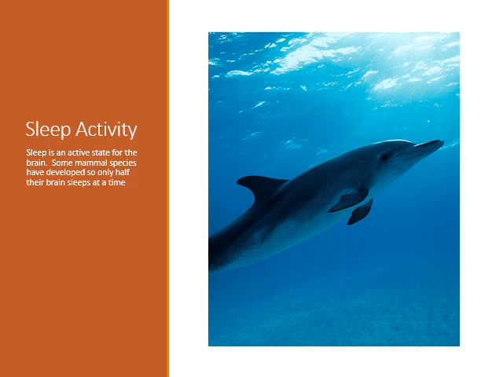They need to keep half their brain awake at any given point so they can be aware of their surroundings for predators, but also so they can continue to breathe because they have to go up to the surface regularly to get air. It's a really cool adaptation among these mammals. Only half their brain sleeps at a time. So they're half awake.